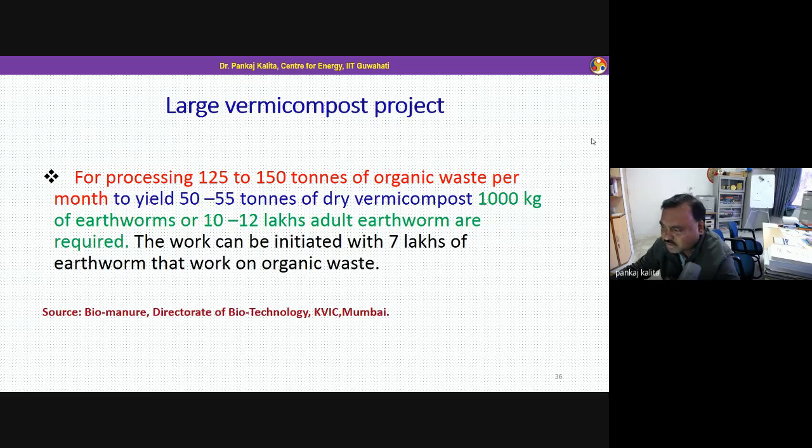Okay, so this thumb rule might be useful sometimes for you all for making a large vermicompost unit. The work can be initiated with 7 lakhs of earthworms that work on organic waste. Okay, so this data was taken from Director of Bioecology, KVAC, Mumbai.